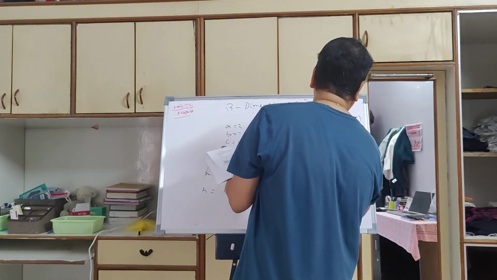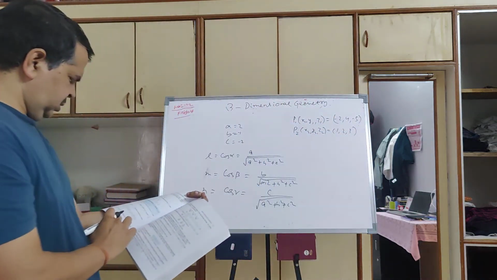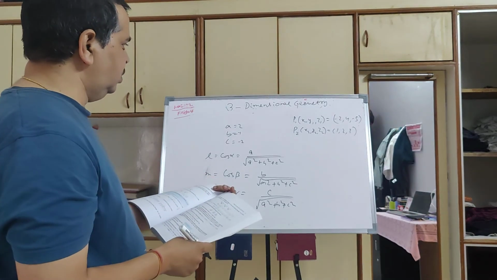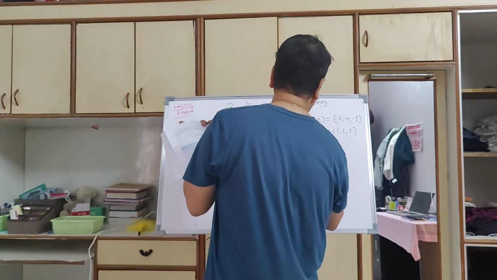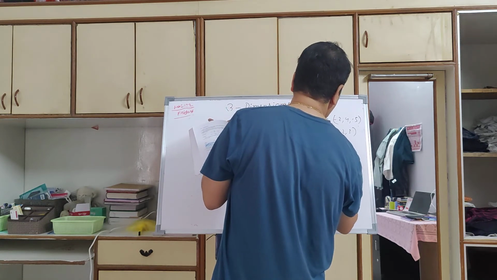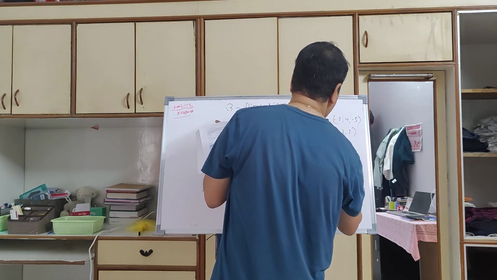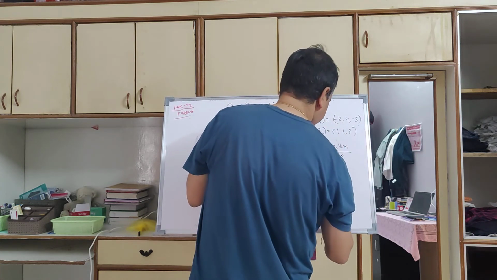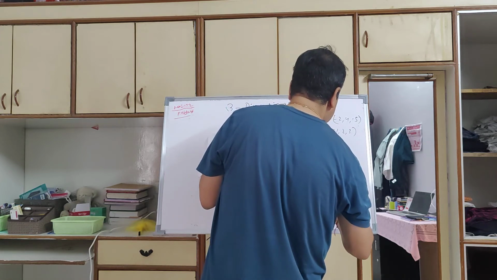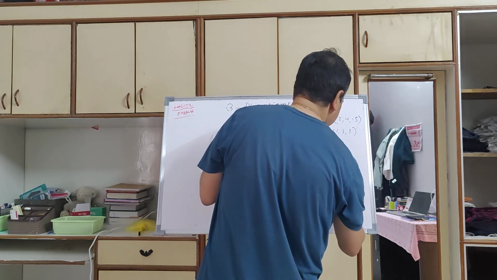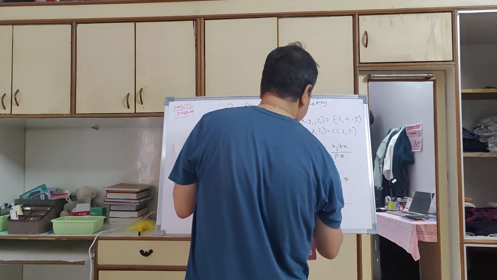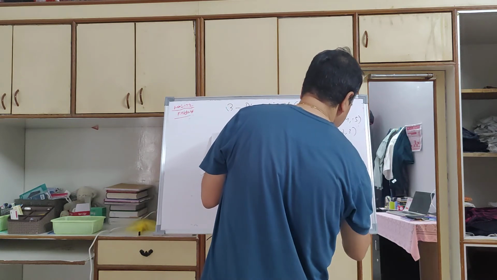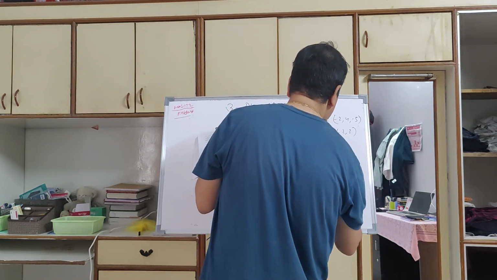My job is to find the direction cosines. The direction cosine L is equal to cos alpha, equal to x2 minus x1 by PQ. There is a line called PQ, and it will have different angles: the alpha angle, the beta angle and the gamma angle.